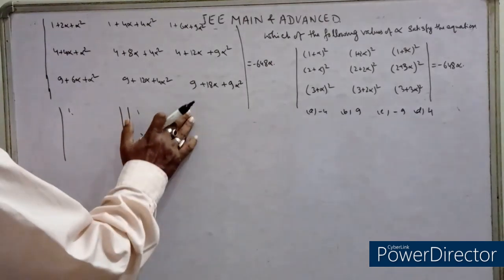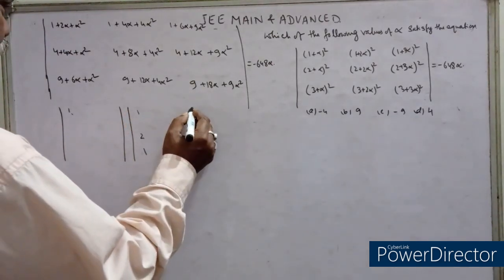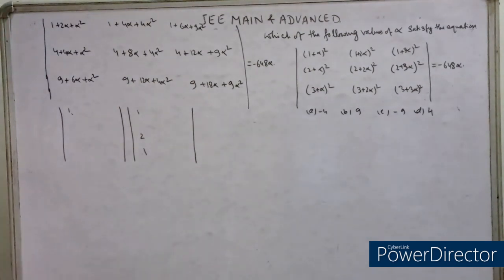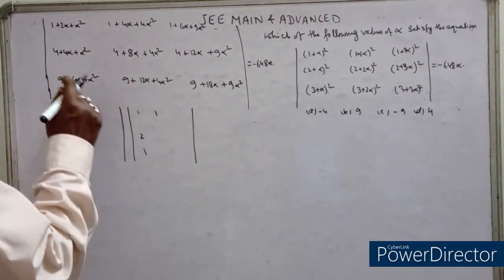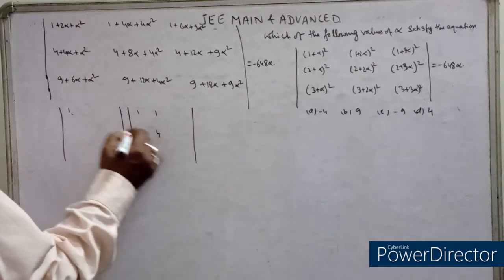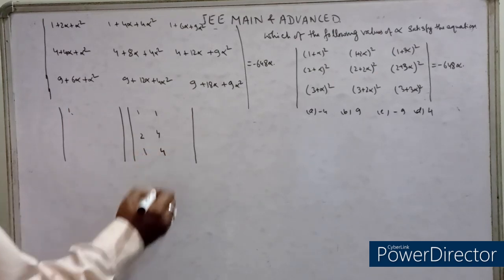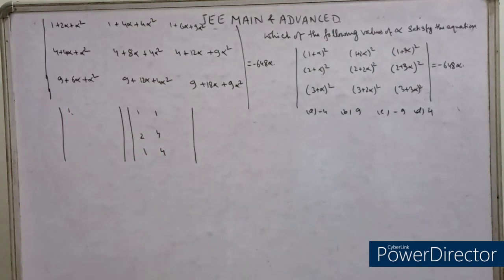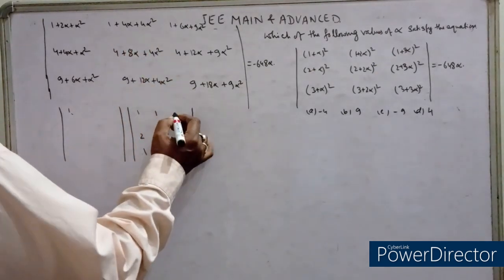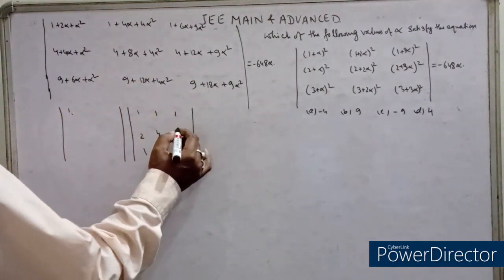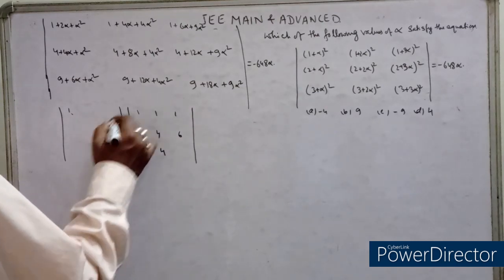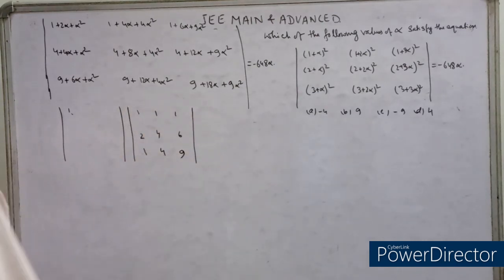Now again, here you see, for this 1 into 1 and 1 into 1 plus 1 into 4 plus 1 into 4. Now for this it will be 1, so 1 into 6 and 1 into 9, you are getting this.